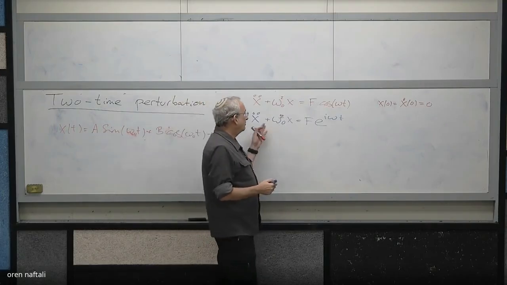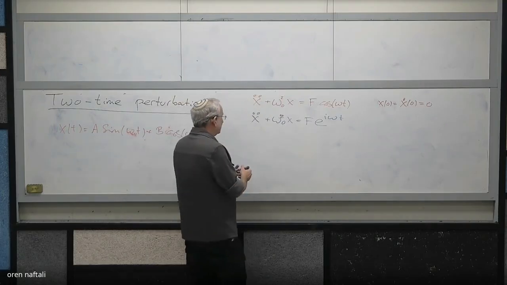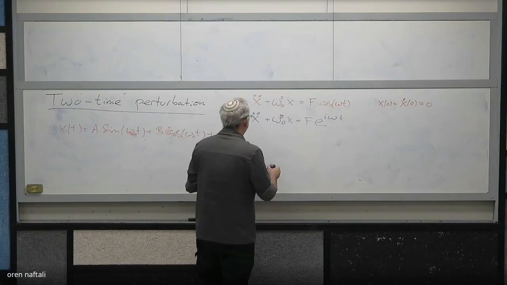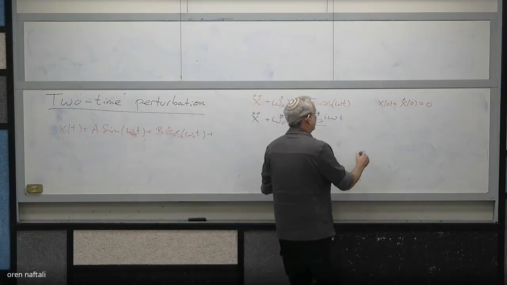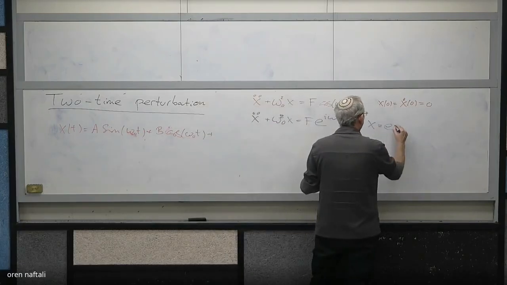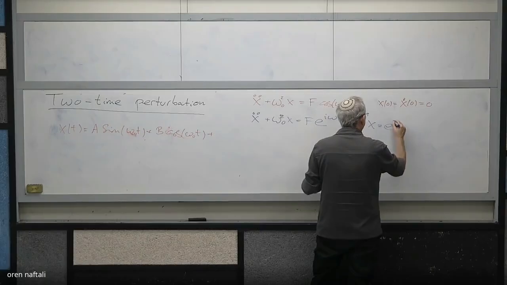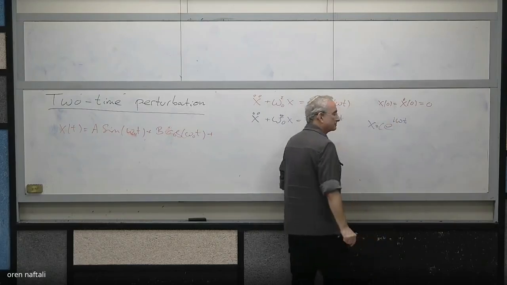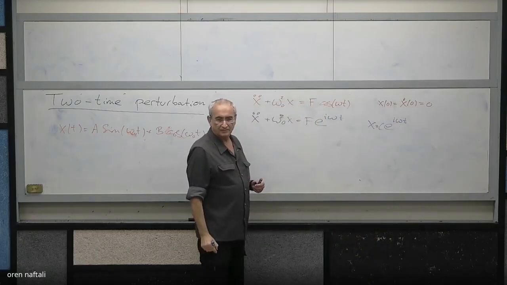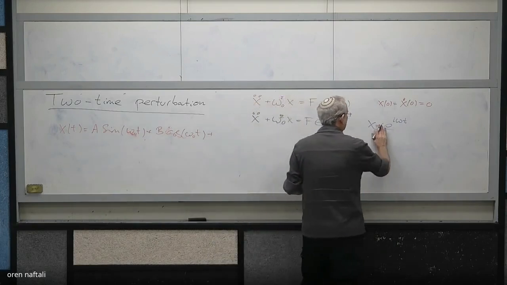Okay, and clearly you know that the way to solve it is to assume that x is, say, e to the i omega t times some constant c. Maybe c is not a good constant, let's take d, right?